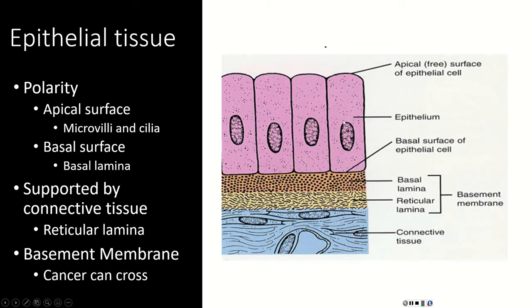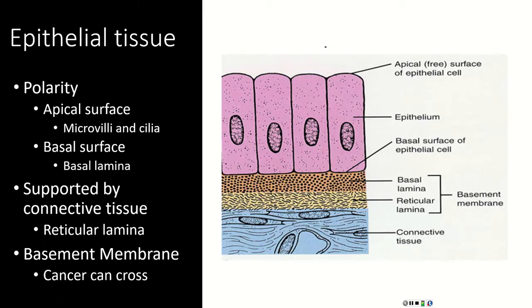Epithelial tissue is really prone to cancer. And the basement membrane is really good at keeping those cancerous cells confined to the epithelium so that it cannot cross and get into either the blood supply or the lymph system where it can easily spread to the rest of the body.